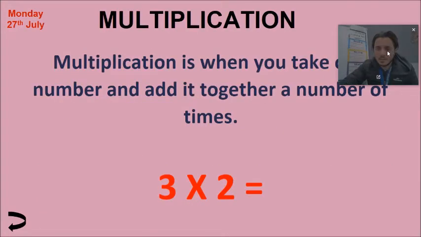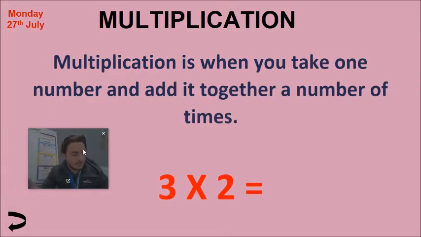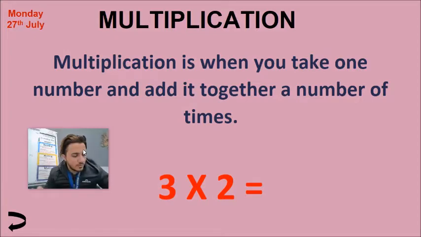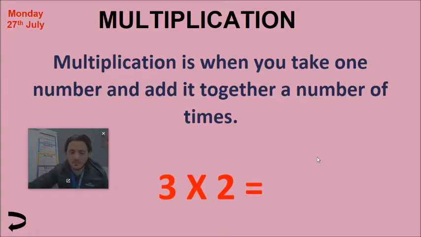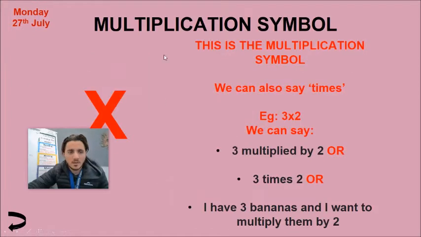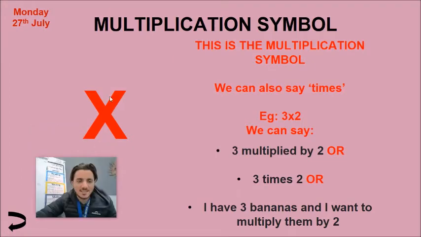Here's the definition for multiplication. Multiplication is when you take one number and add it together a number of times. We've got an equation here, 3 multiplied by 2. We can also say 3 times 2. This is the multiplication symbol, the X, so we can also say times.